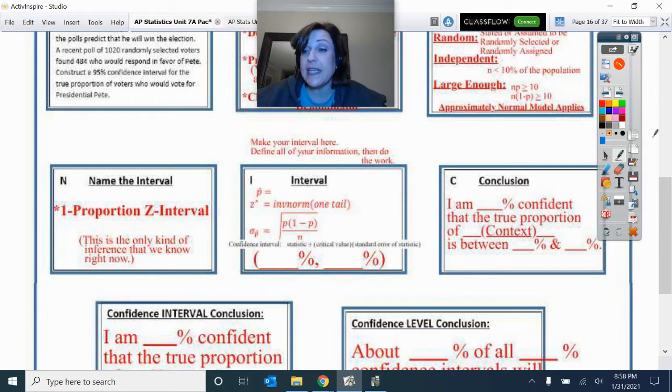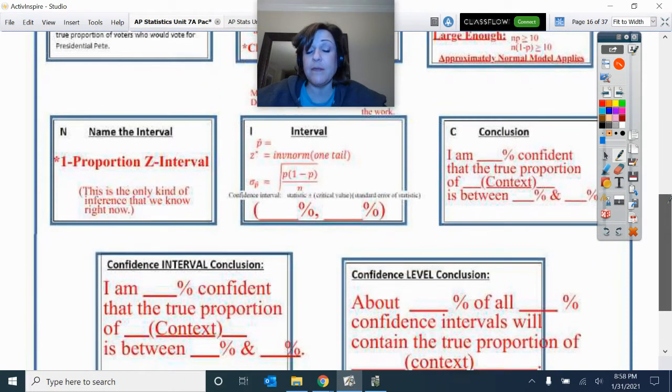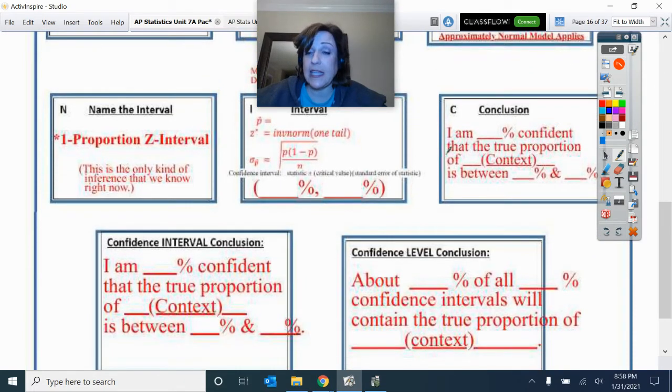Your conclusion is that conclusion about saying, I am blank percent confident that the true proportion of blankety blank blank blank is between this percent and that percent. Okay? And that's your confidence interval conclusion. There's something else called a confidence level conclusion, but that's a separate lesson that we will come back to at a later time, so you don't need to worry about that.